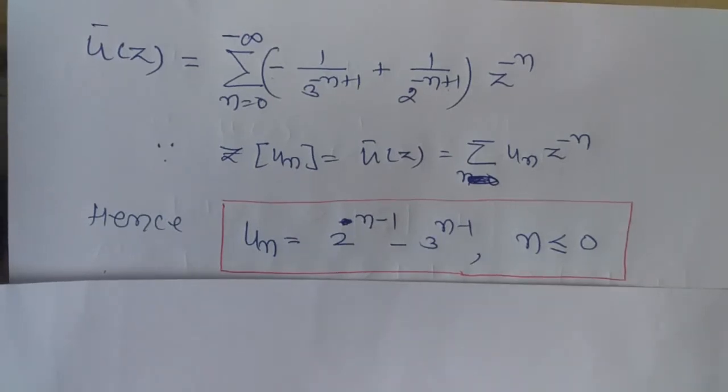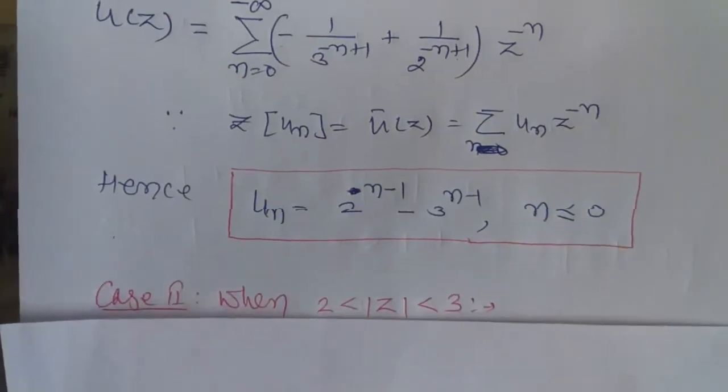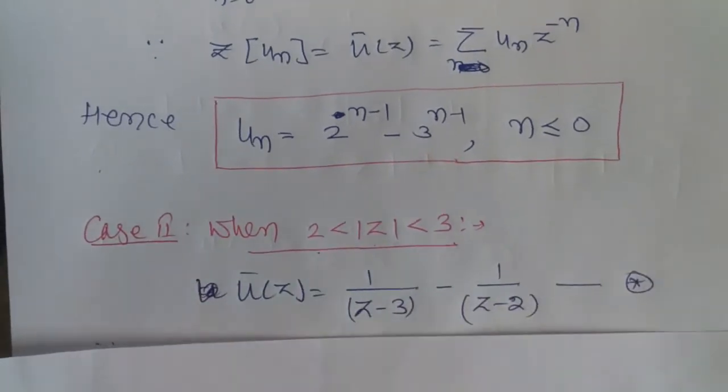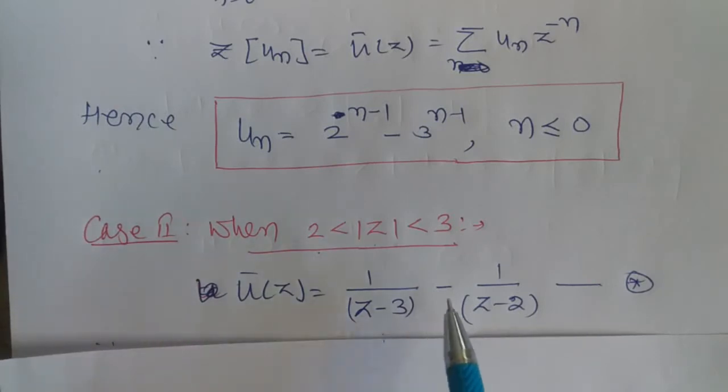Now we find the inverse z transform for the second region of convergence, which is when 2 is less than mod z is less than 3. Then given u bar z is what? 1 upon z minus 3 minus 1 upon z minus 2.